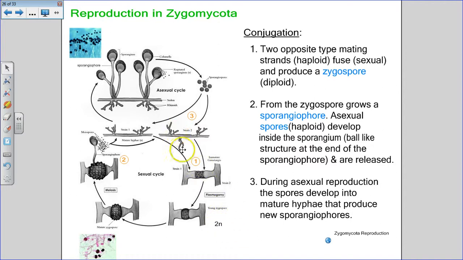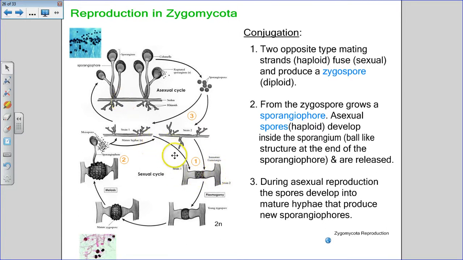So down here, if this is like egg and sperm, then they come together and they unite. So we call them gametangia.